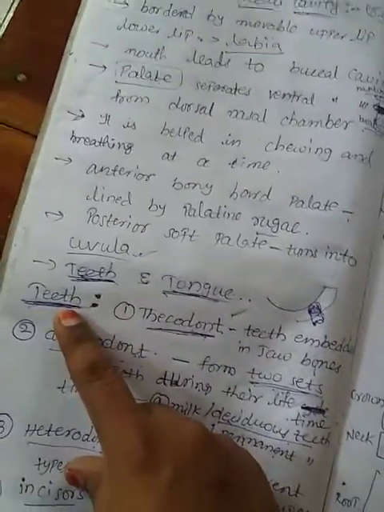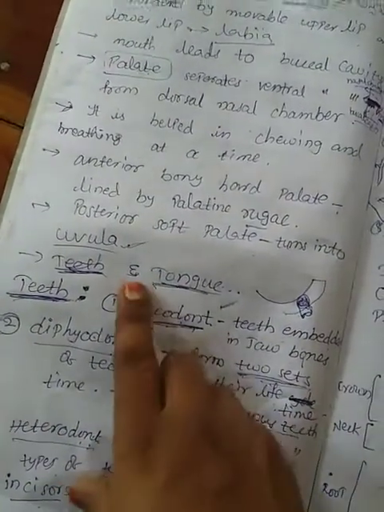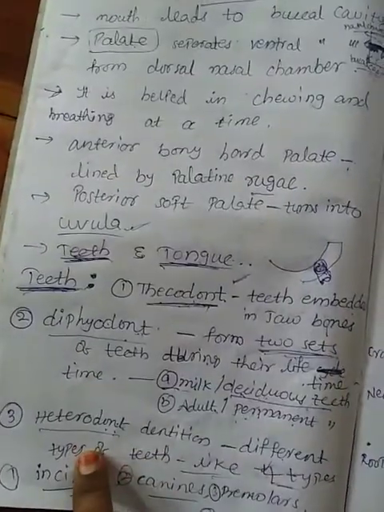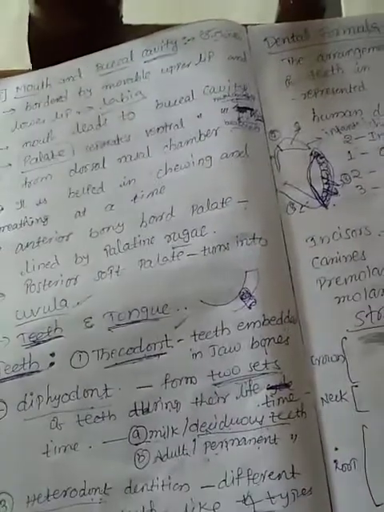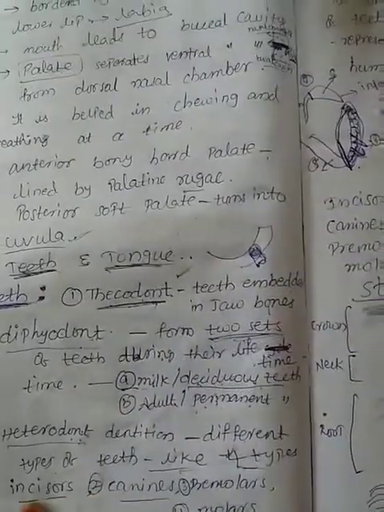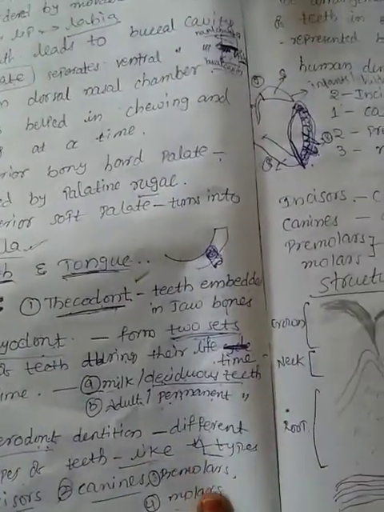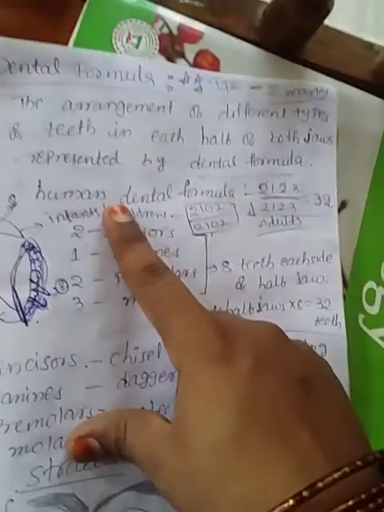In human beings we have three types of dentition: first thecodont, second diphyodont, third heterodont dentition, and four types of teeth: incisors, canines, premolars and molars.